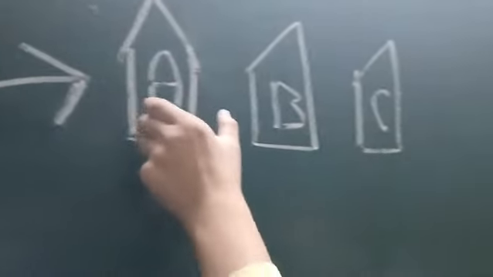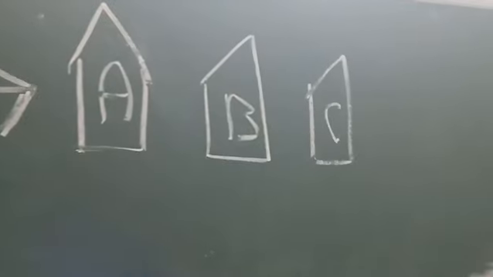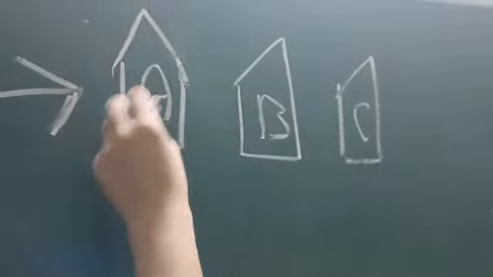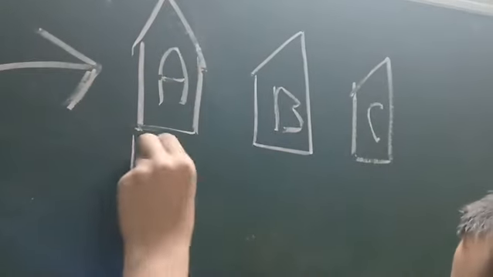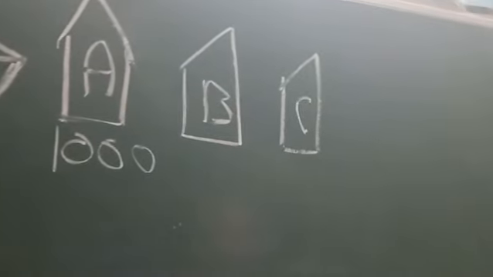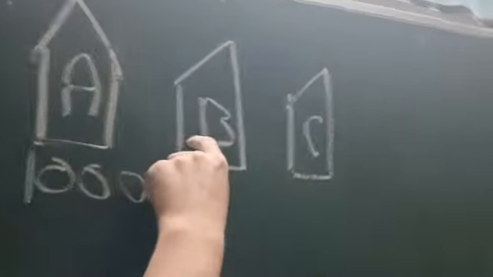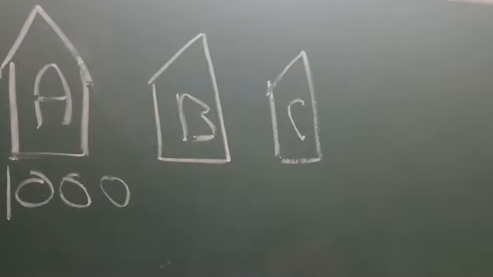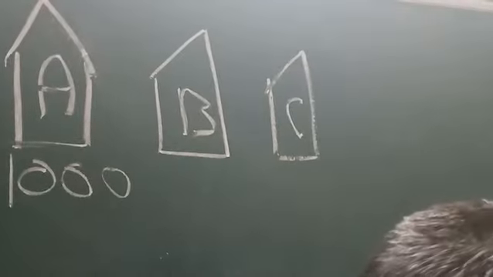When he entered temple A, the money he had magically got doubled. He offered 1000 rupees in this temple, and with the left money he entered this one, and again the money he had got doubled.